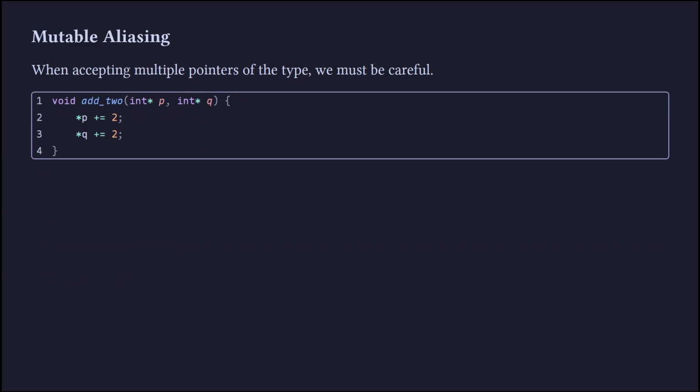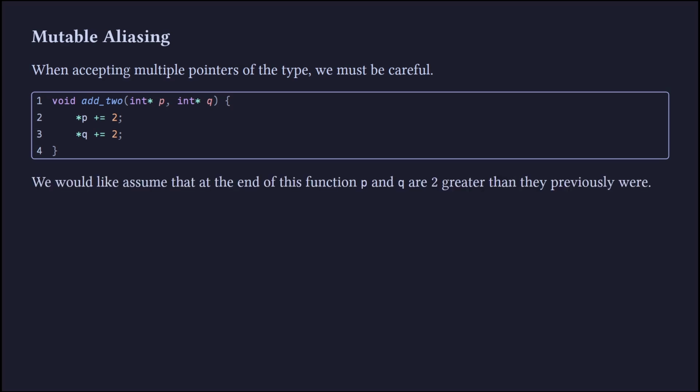Another thing to keep an eye out for when using 2 pointers of the same type is something called mutable aliasing. In this case, say we're a formal verifier program that wants to ensure that the values stored at P and Q are 2 greater than they previously were.